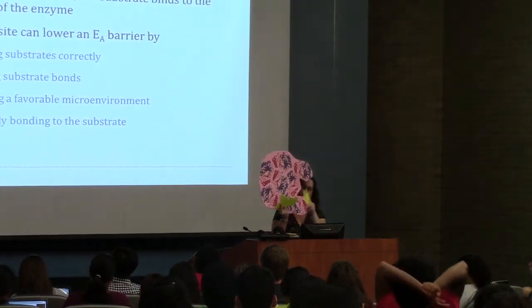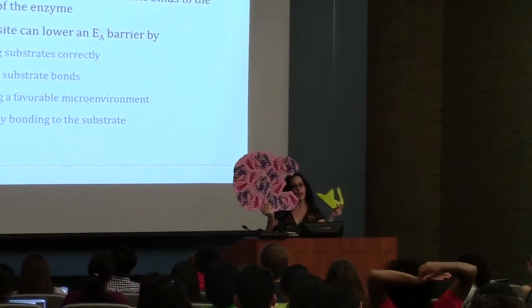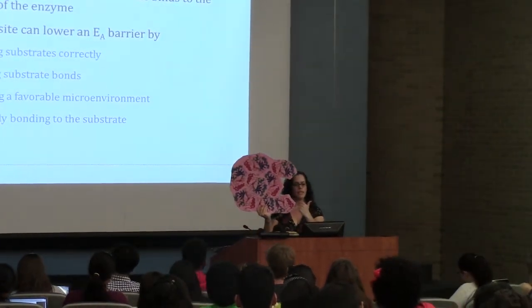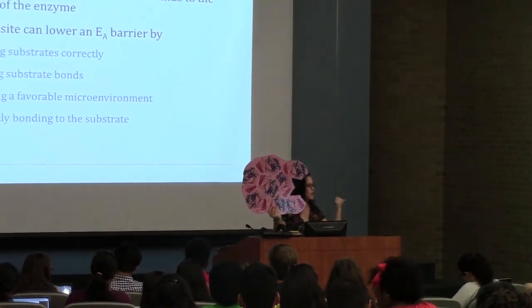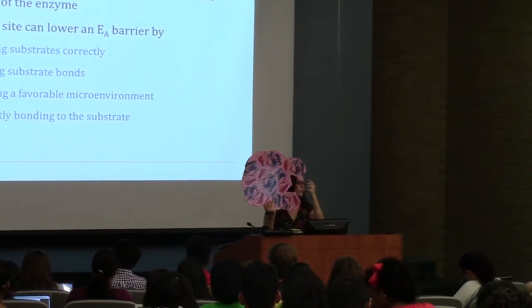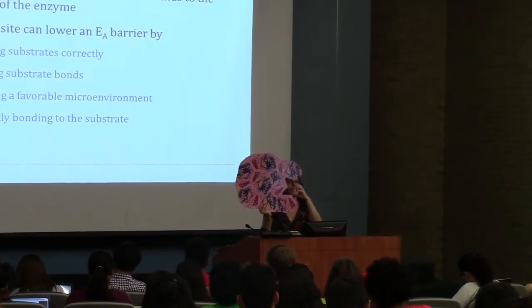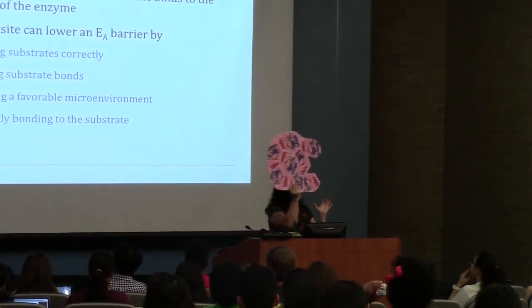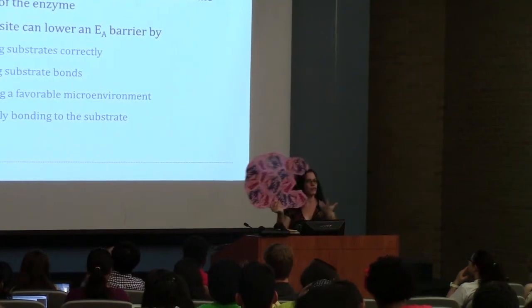Okay? And the way that the enzyme helps that happening is because, first of all, if we have 2 molecules that are the reactants that are going to be part of the reaction, it can help by putting them in the right position. Okay? Facing each other in the right position for the reaction to occur.